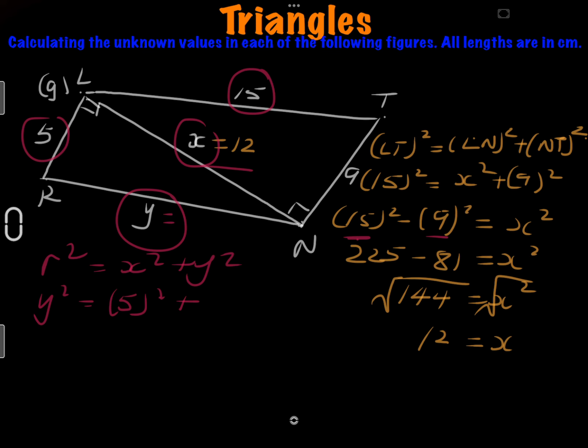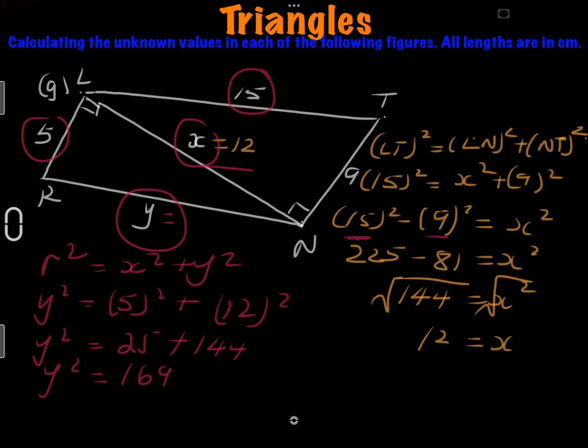So we substitute that to be 12 squared. Okay, so we want to find our hypotenuse. So we say y squared is equal to 5 times 5 gives us 25, plus 12 times 12 gives us 144. So y squared, 25 plus 144 gives us 169.